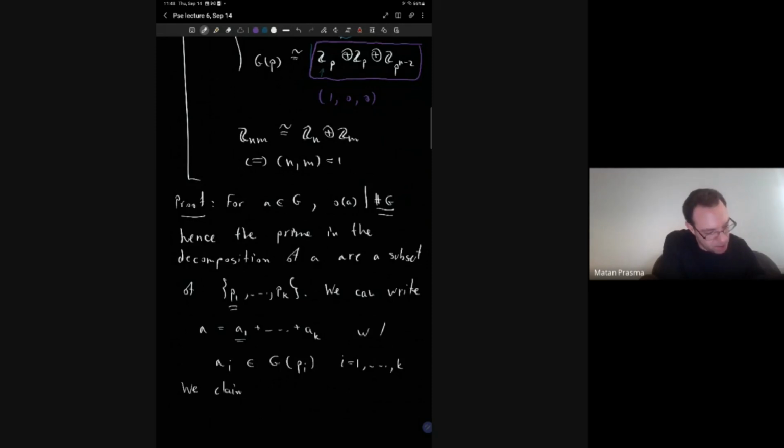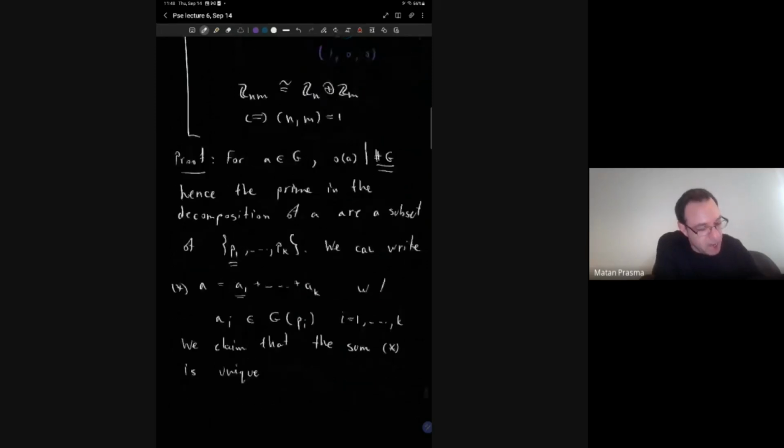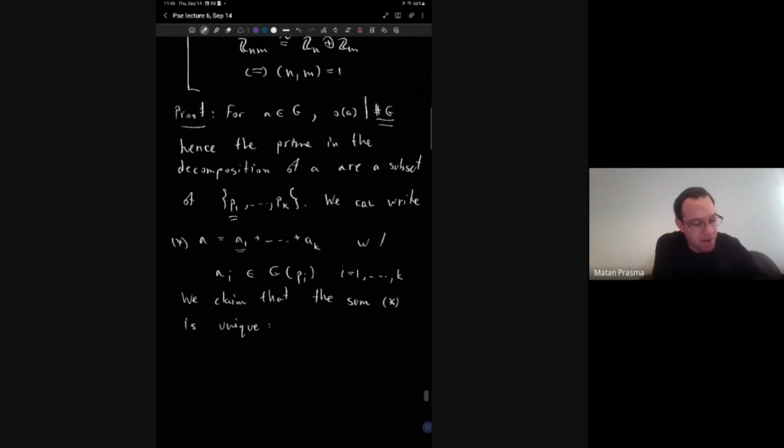Claim that the sum in star is unique. Unique in that if I could write a as a different sum, b1 up to bk, with the b_i being elements in the primary p_i group, then each of the a_i would have to be equal to each of the b_i.